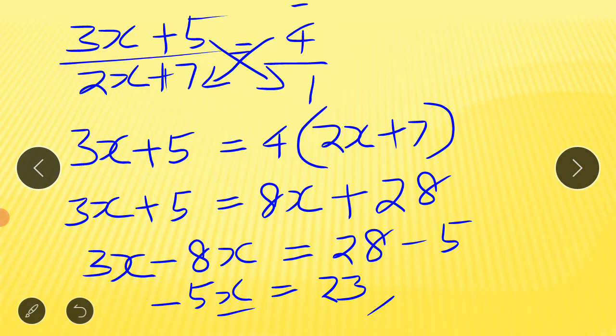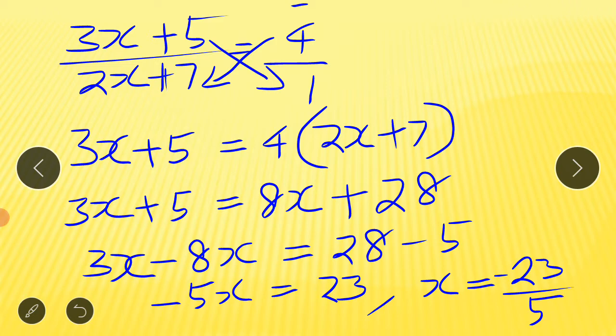This is minus 5 into x. So when we send this minus 5 to the right hand side, it goes under division. 23 by minus 5. So further we can write minus 23 by 5. Finally, minus 23 by 5.